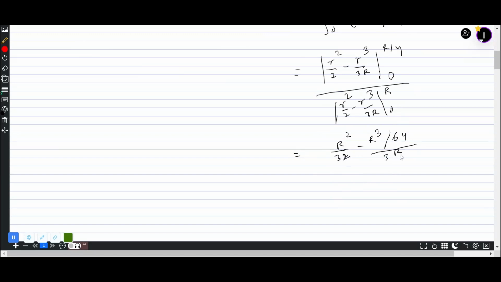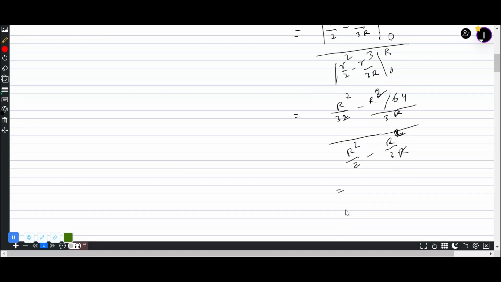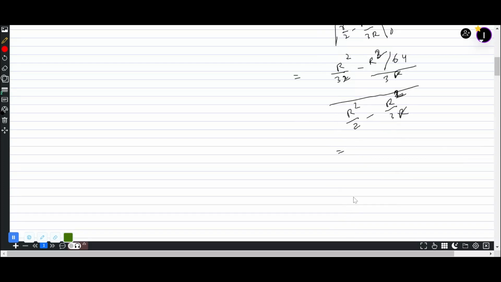Okay. So this R adjusted becomes R square. And down you have R square over 2 minus R cube over 3R, which is actually R square over 6, right? That works out to 32, and 3 into 64 is 192.